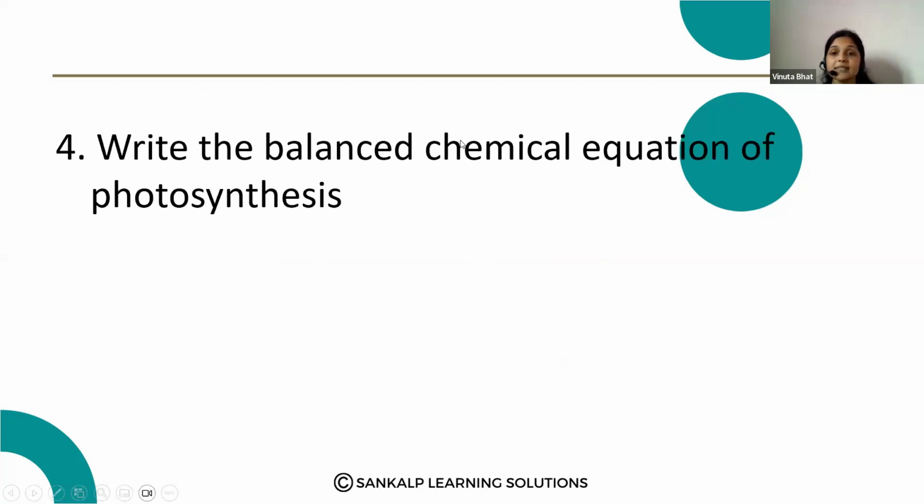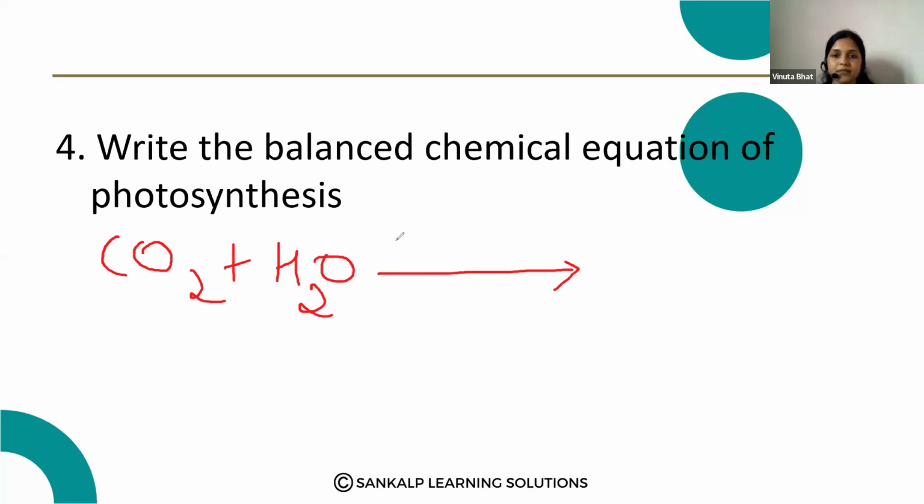Write the balanced chemical equation for photosynthesis. Very important question. You know that for the photosynthesis process, carbon dioxide and water are required.